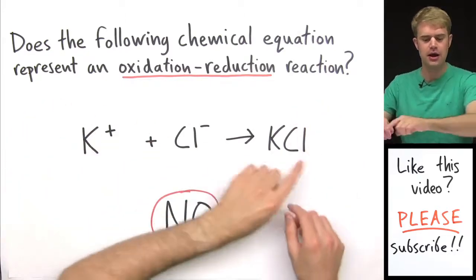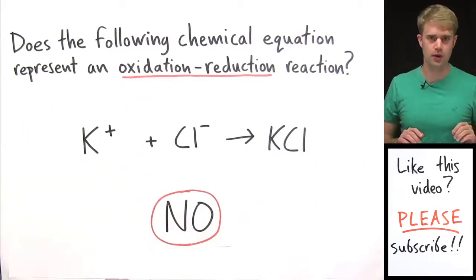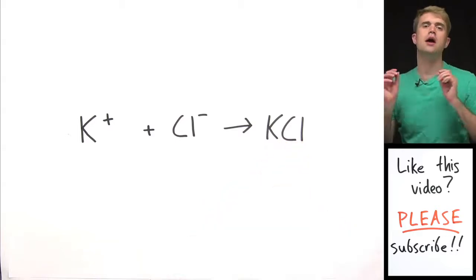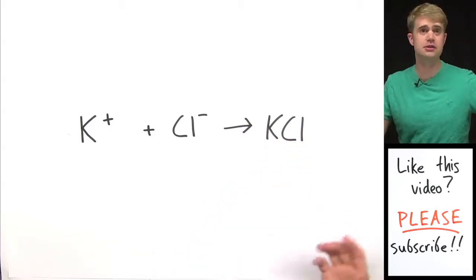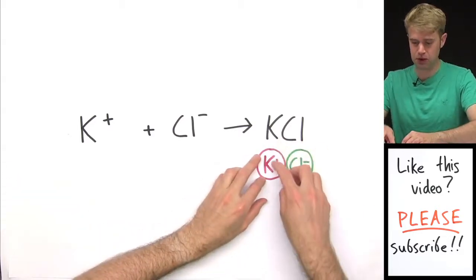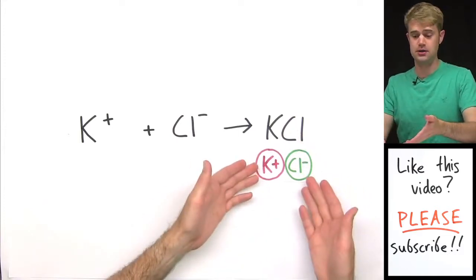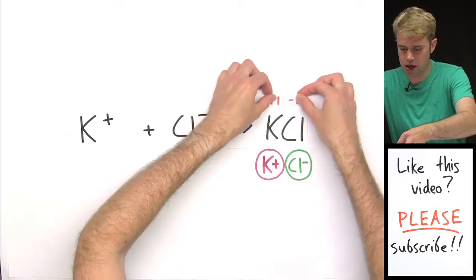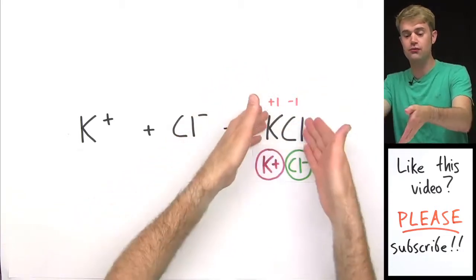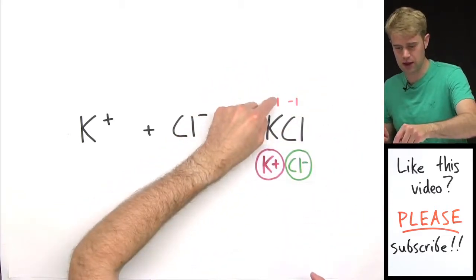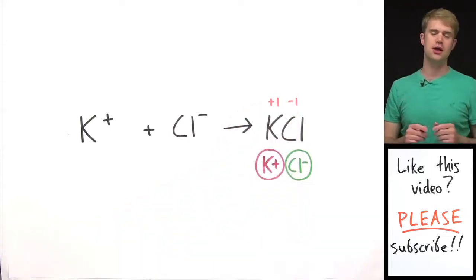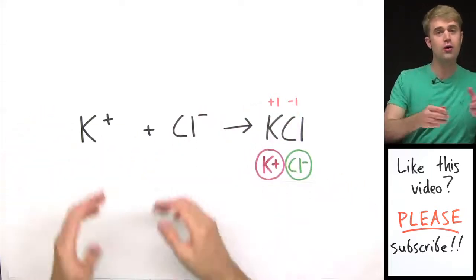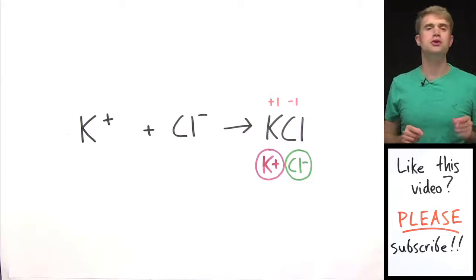That's not going on here, and let me show you how I know that. So KCl here is an ionic compound, which means that it's made of ions, the K+ ion and the Cl- ion. So these atoms have charges, and we can even write numbers above these atoms to reinforce what charge they have. 1+ for the K, 1- for the Cl. Now, over on this side, let's take a look at what's going on.